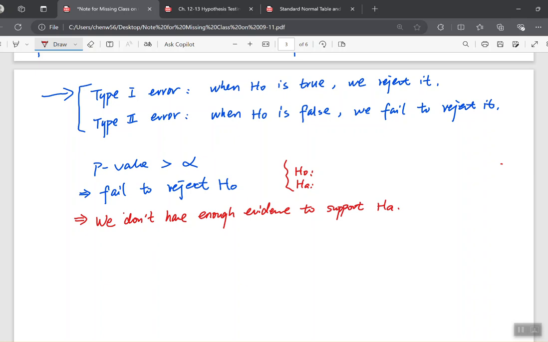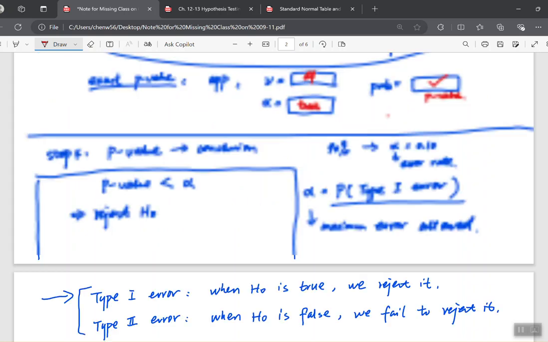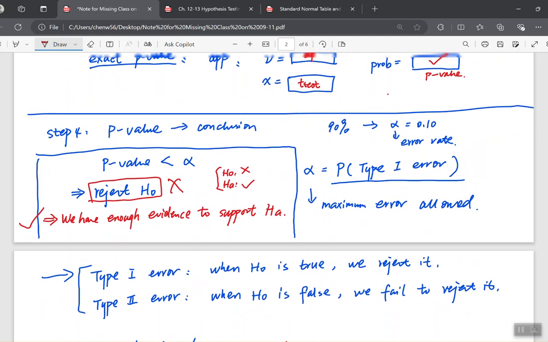All right, so again, in this case, we say if we reject the null hypothesis, that means we have enough evidence to support the alternative hypothesis. You can also say the alternative hypothesis is supported or accepted. It doesn't matter.